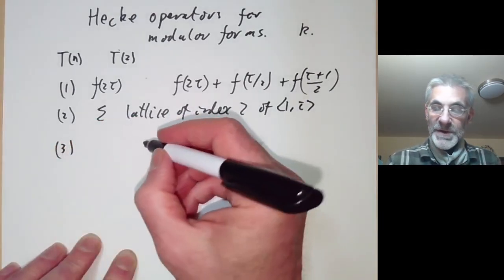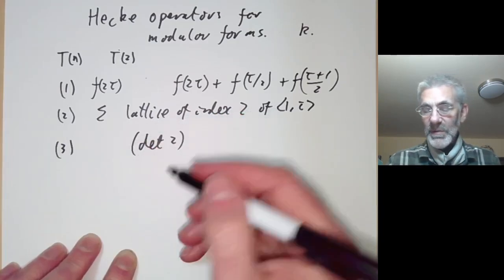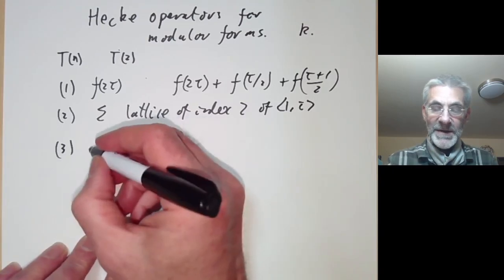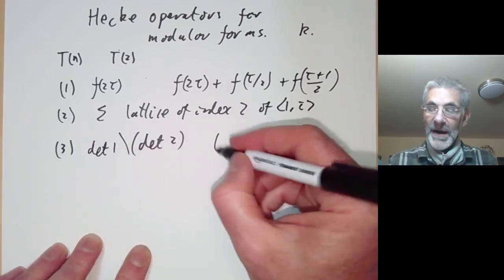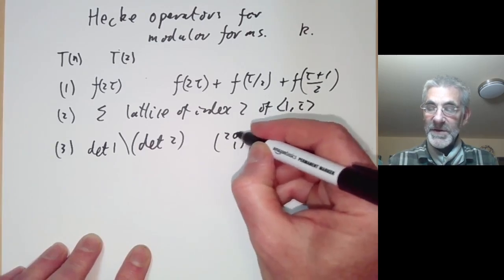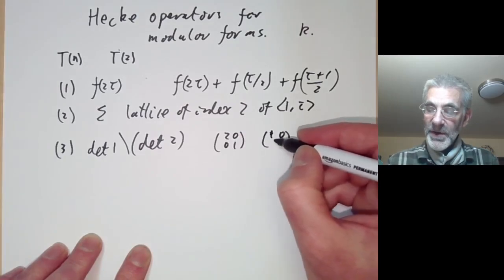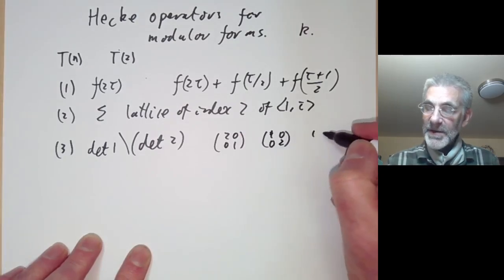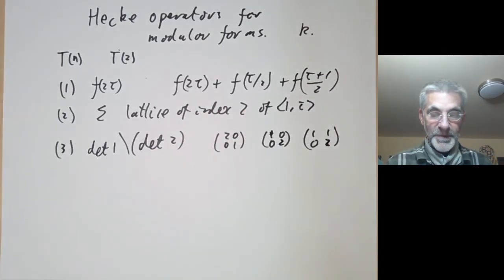The third way was to sum over all matrices of determinant 2, except we take cosets with the matrices of determinant 1 to make this a finite sum. There are three coset representatives, (2,0,0,1), (1,0,0,2), and (1,1,0,2), which again correspond to the three terms in the first case.